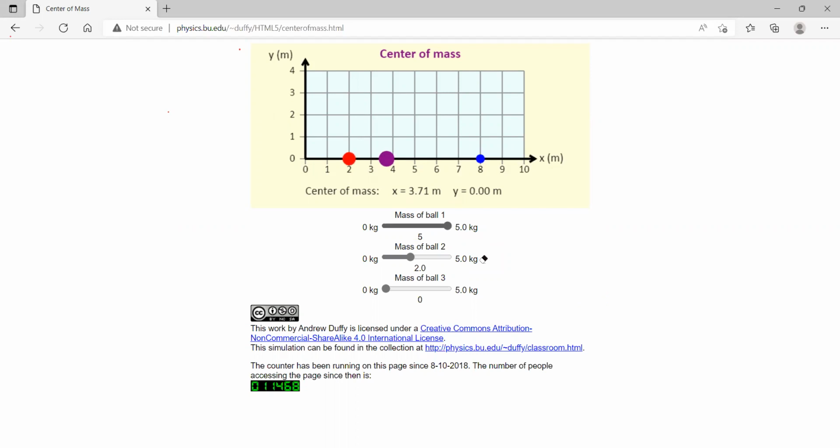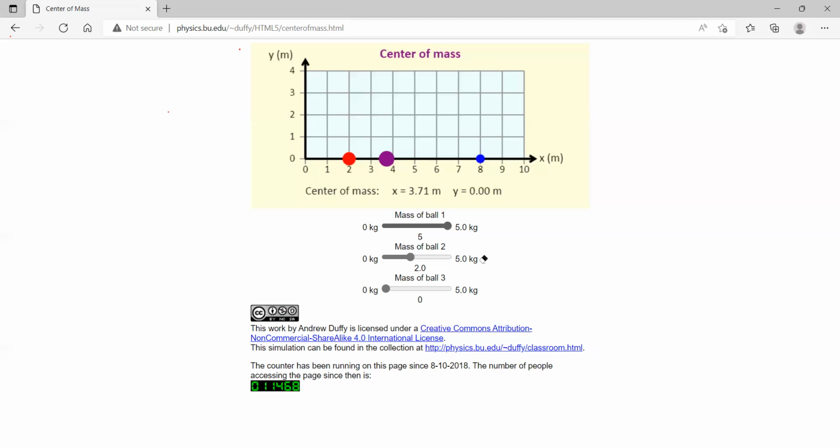When the red object is bigger than the blue object, you see that the center of mass is close to the bigger object. So how to know that? There is some mathematical relation that we can use to understand this, which I'm going to show you in the next slide, in the study guide.